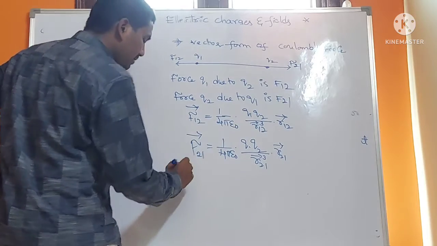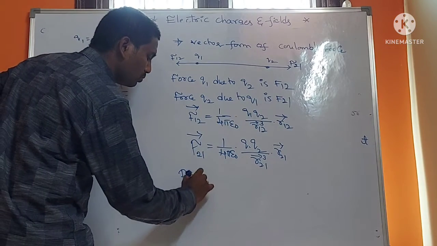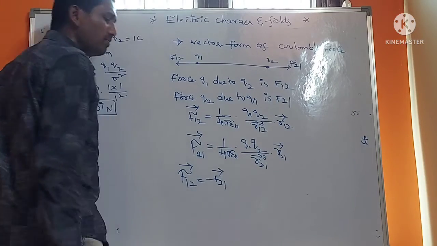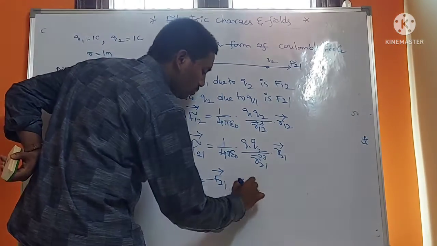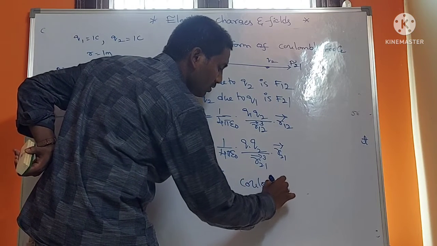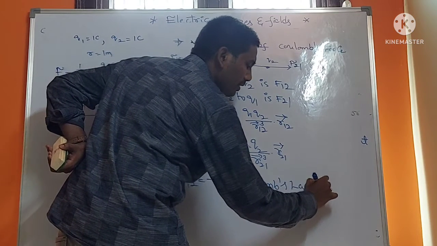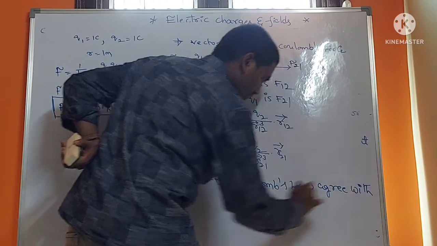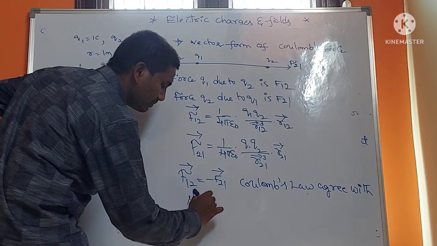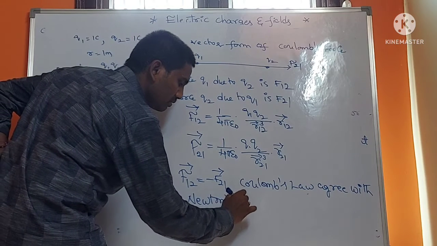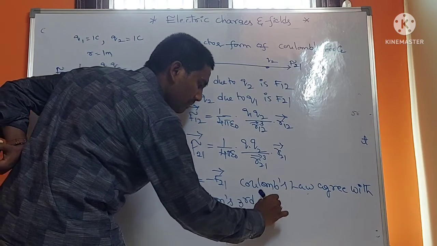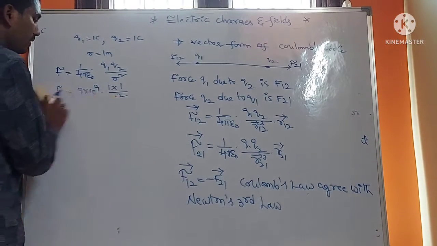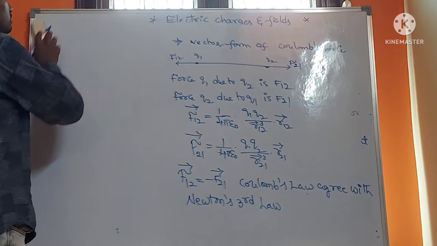Here F12 is equal to minus F21, so Coulomb's law agrees with Newton's third law.